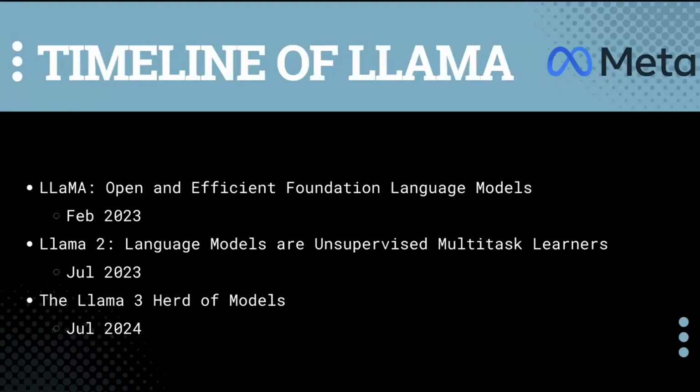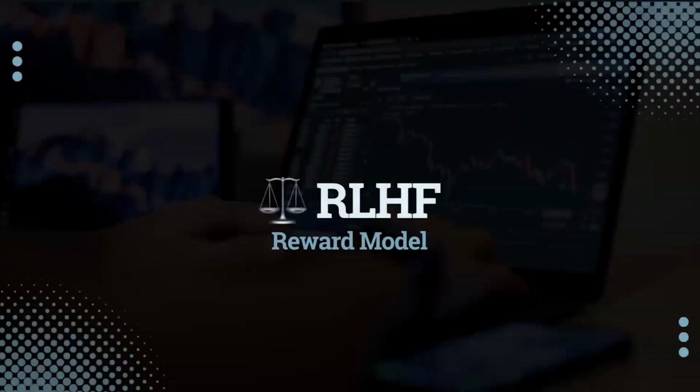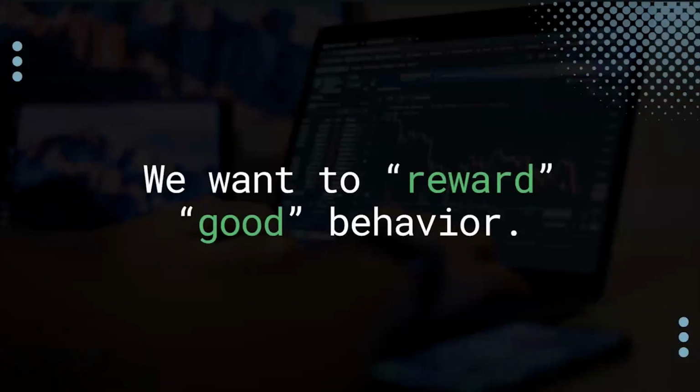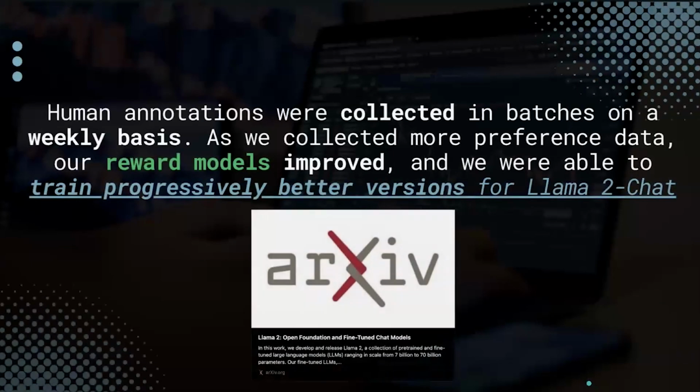And it's time to talk about reward modeling. Well, we already talked about it, but now it's time to really see it in action. Let me remind you what this is all about. It's about rewarding good behavior. And this actually does work, as we saw. As in the Llama 2 paper, when they noticed that they were collecting this data in batches weekly, they were collecting preference data. Which do you prefer, chosen versus rejected?